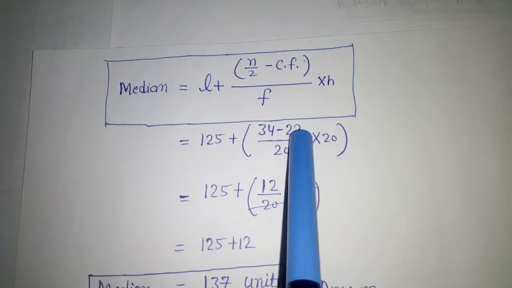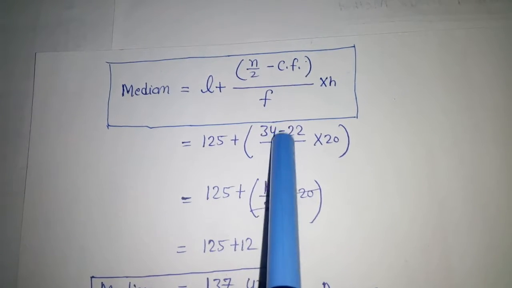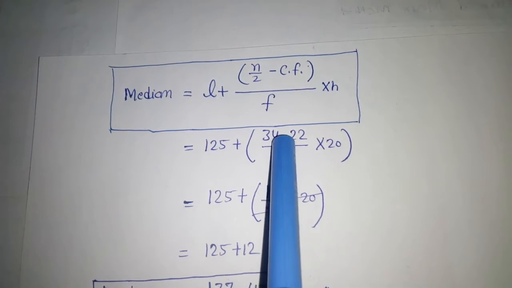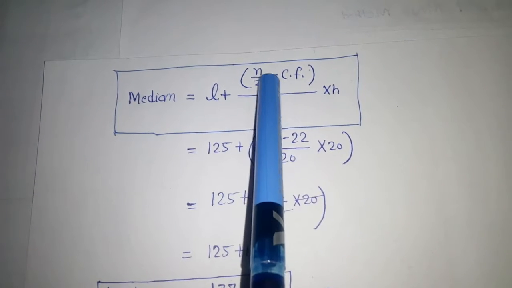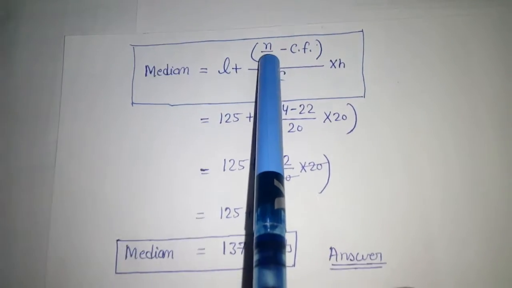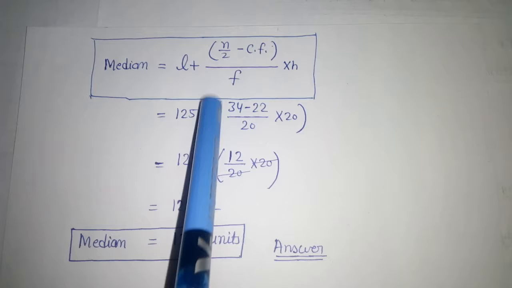Here 34 is half of 68, because the formula has N upon 2 and the value of N was 68.